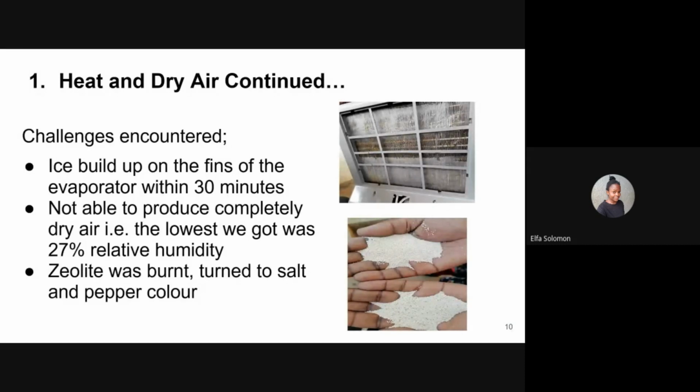We also had a problem with the humidity of the air which was coming out from the dryer. That is, we only managed to produce air that was 27% humidity. Another problem which we encountered was the burning out of the zeolite. As you can see in the picture down there to the right, the zeolite was burnt.